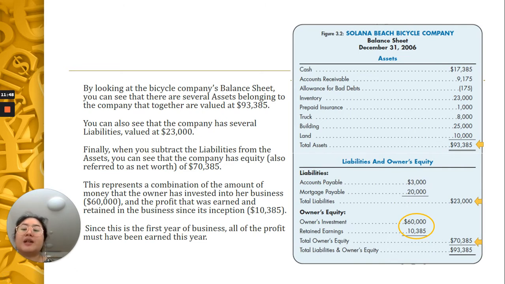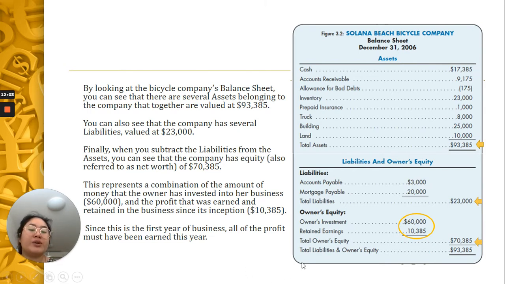Since this is the first year of business, all of the profits were earned this year. So retained earnings is the profit earned this year.